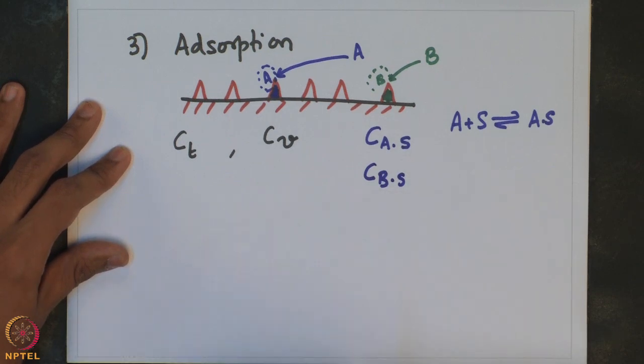Typically, adsorption is characterized by what is called an isotherm. What we are going to spend most of today's lecture on is characterizing the isotherm.